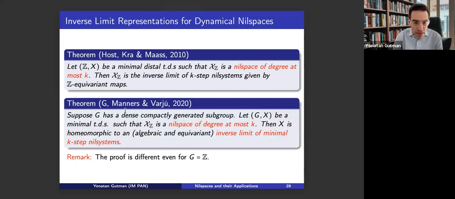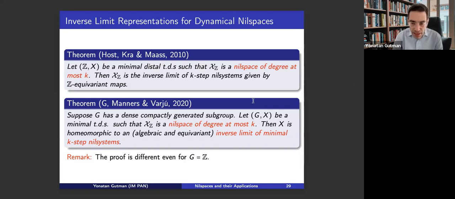And then together with Manners and Varjú, we were able to generalize this to a much bigger family of groups, all groups which have dense compactly generated subgroups. So in particular, all finitely generated groups. The key point here is that we do not assume that the group G is abelian.